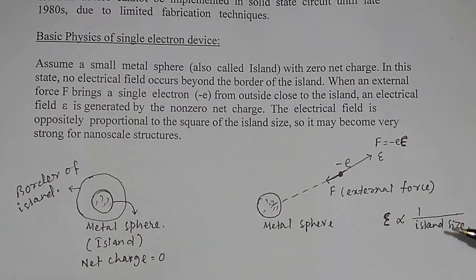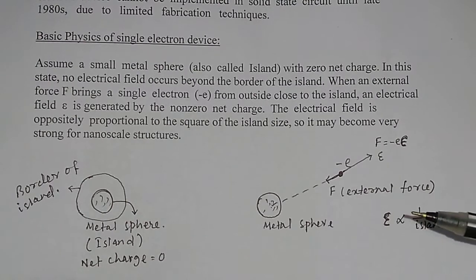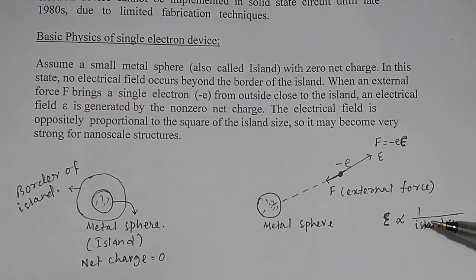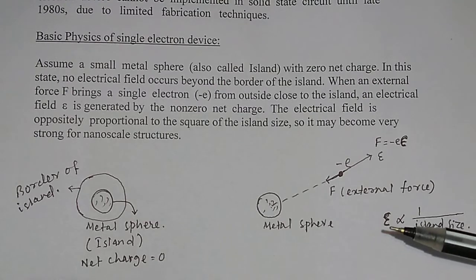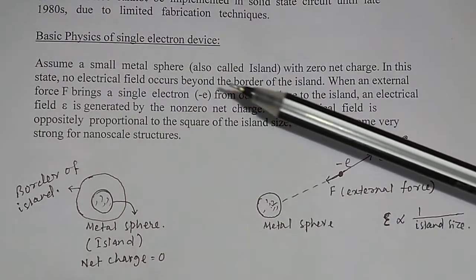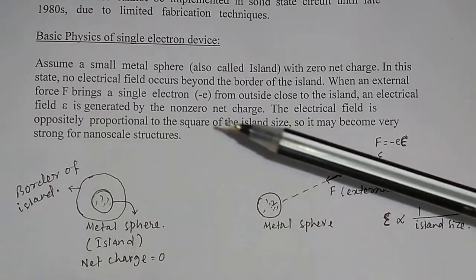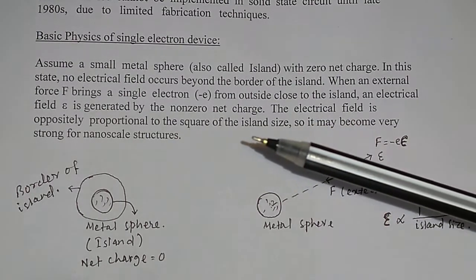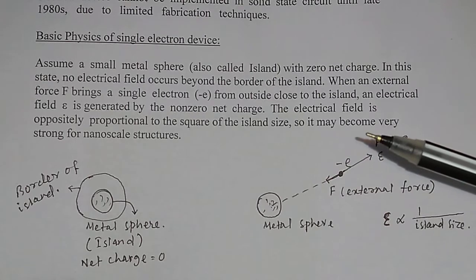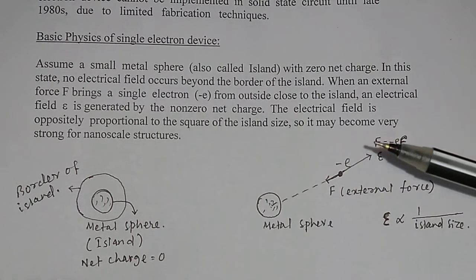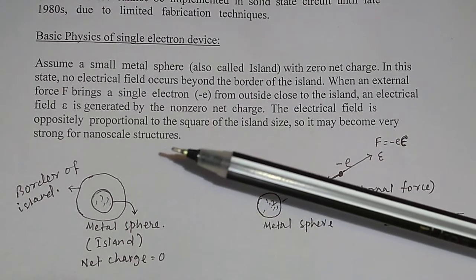So if you decrease the island size to nano scale, then you will get a very large electric field. So this is the basic physics of a single electron device. The electrical field is inversely proportional to the square of the island size, so it may become very strong for nanoscale structures.